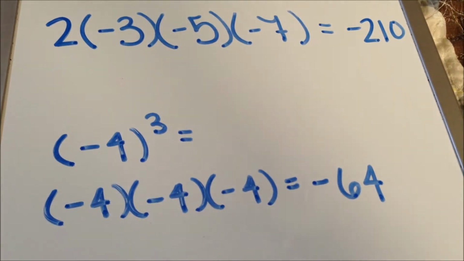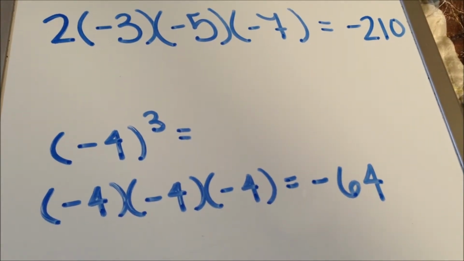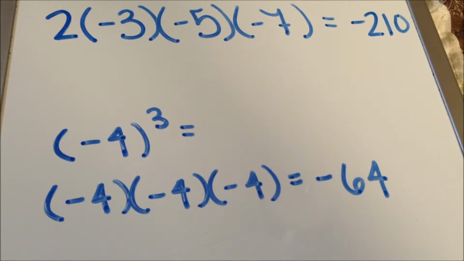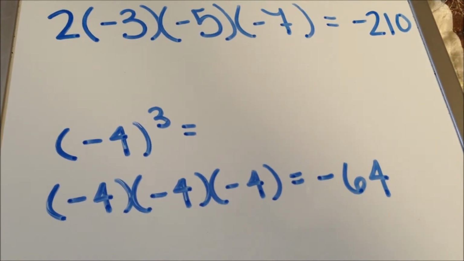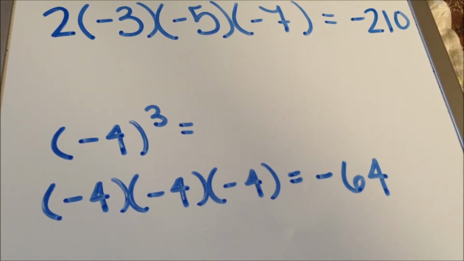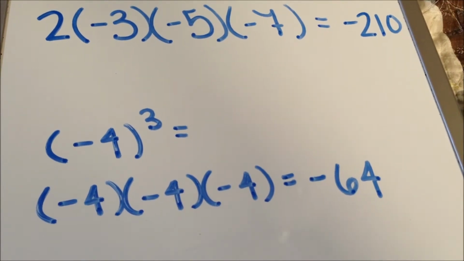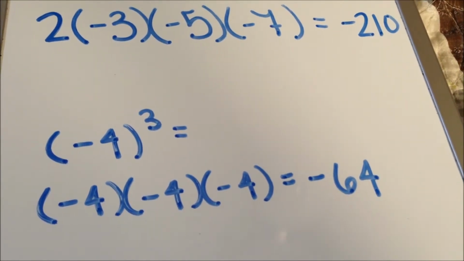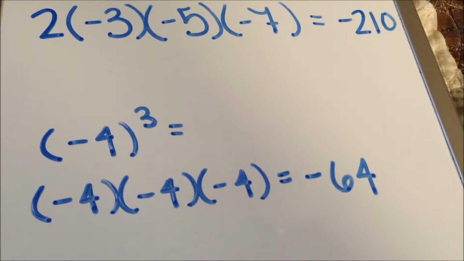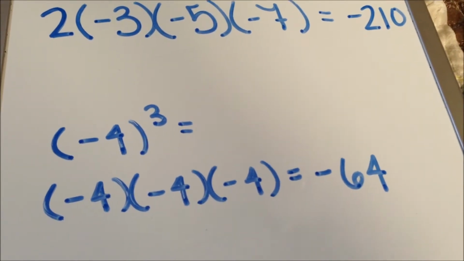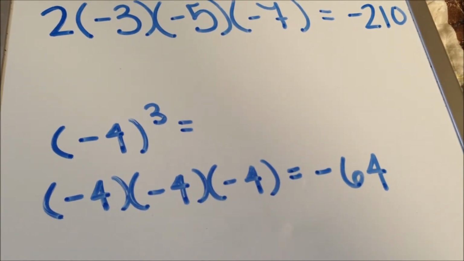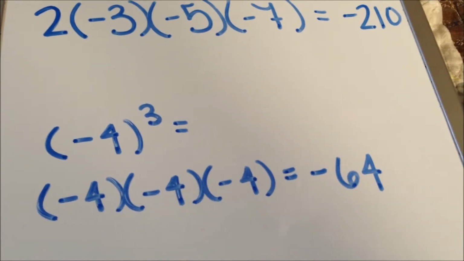The negative carries over in every number you multiply. Again, we have an odd number of negatives, so our answer will be negative. And then we have negative 4 times negative 4, which is 16, and 16 times negative 4 equals negative 64. You could also do the problem as 4 times 4 times 4 and just know your answer is negative because there's an odd number of negatives.